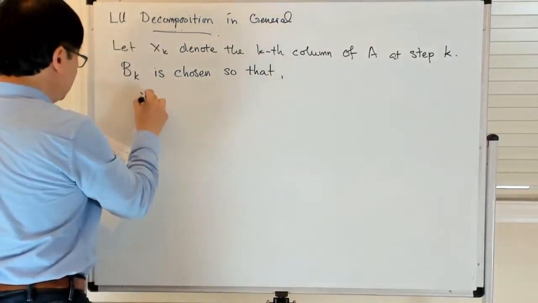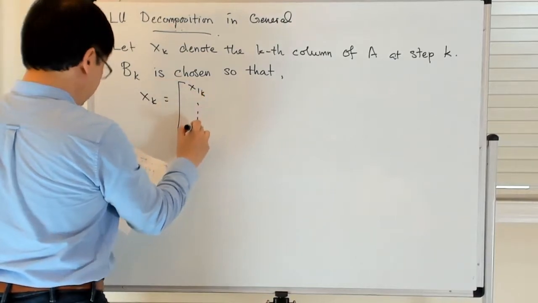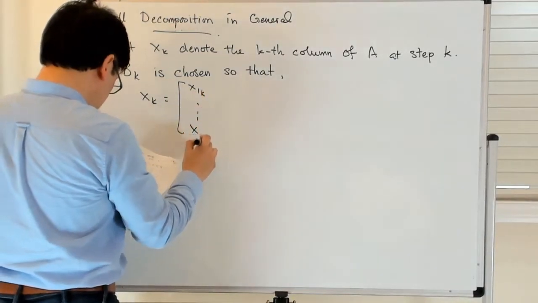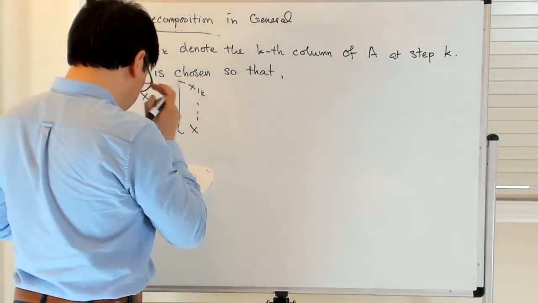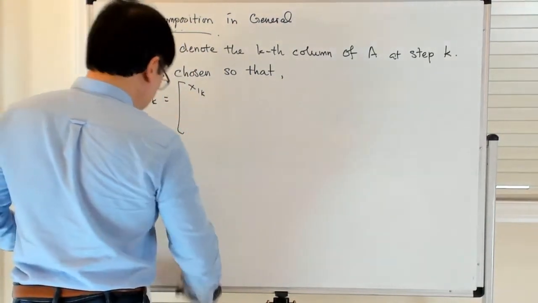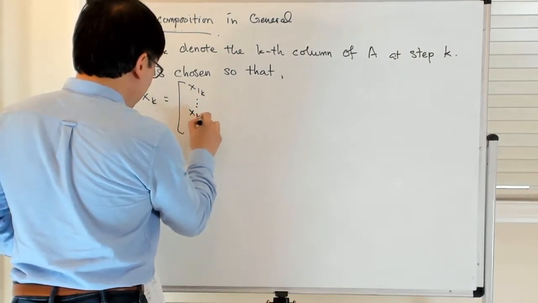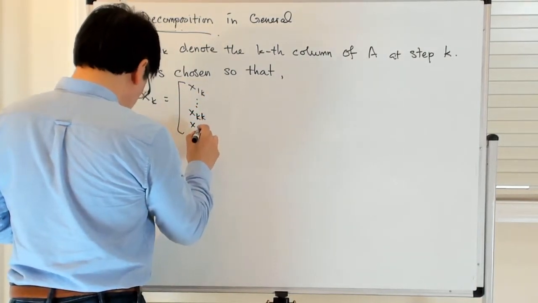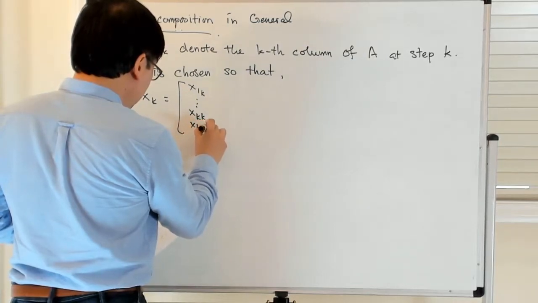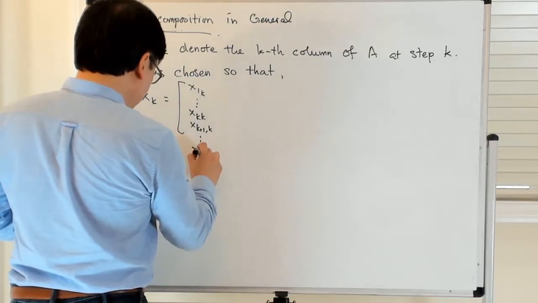That xk, which is x1k all the way up to xkk, the diagonal entry, then x k plus 1 k, and then finally all the way up to xnk.